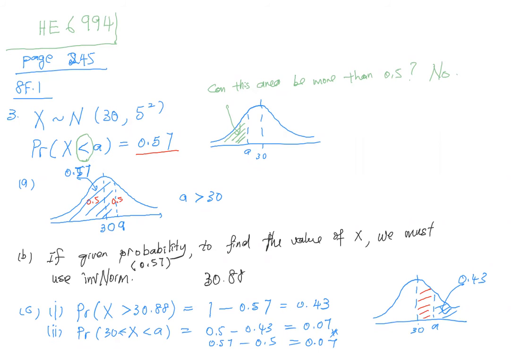So can we go to question 4 in the next page? Okay, question 4, part A and part B, I believe you will know what to do. So X, same thing like just now, X is normally distributed with the mean of 15 and the standard deviation of 3. So for part A and part B, shouldn't be a problem.